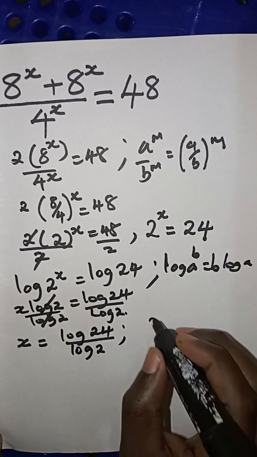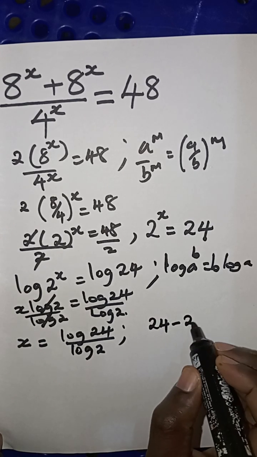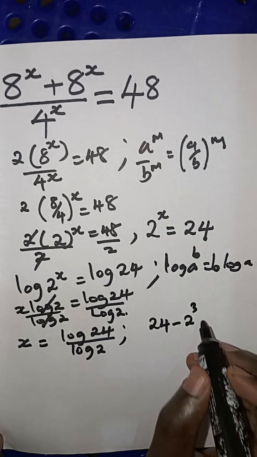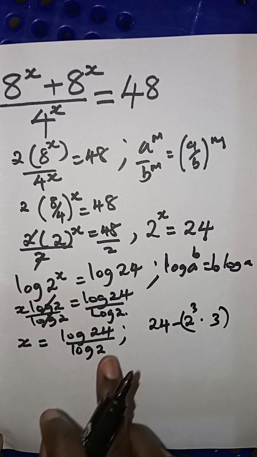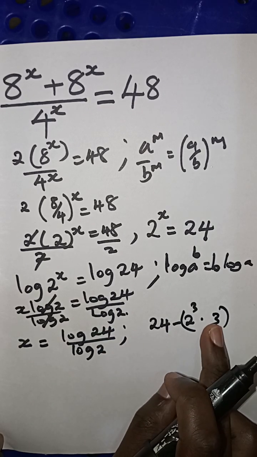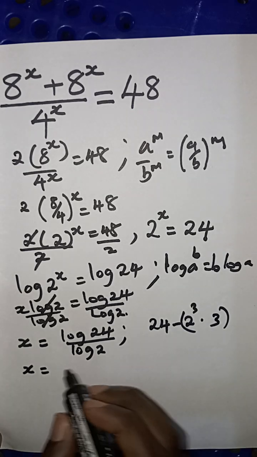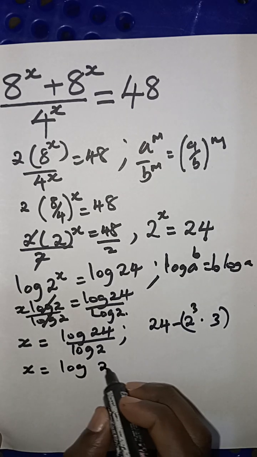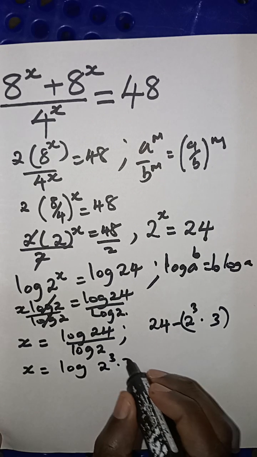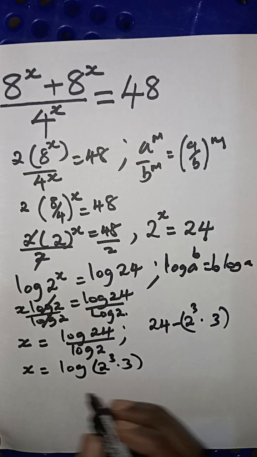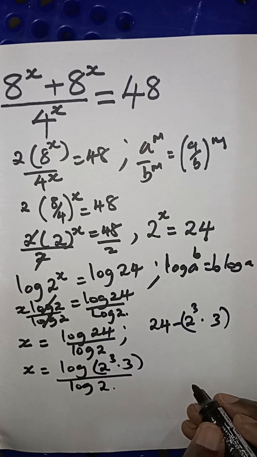And I know that 24 can be written in terms of its factors as 2 power 3, which is 8, multiplied by 3. So I'm going to rewrite 24 in terms of its factors. So now it changes to x is equal to the log of 2 power 3 multiplied by 3, divided by the log of 2.